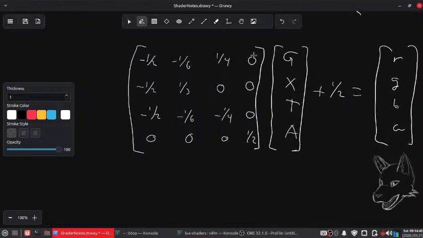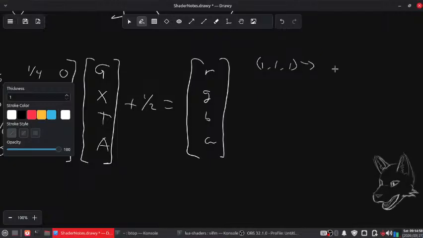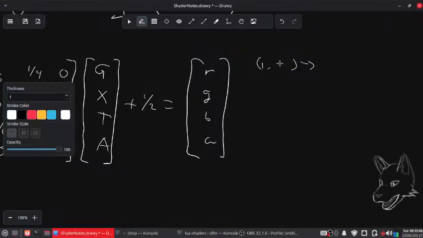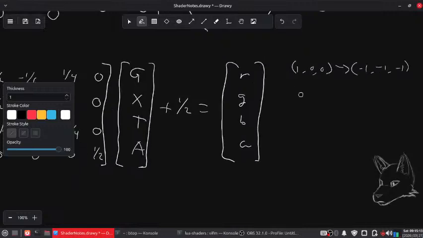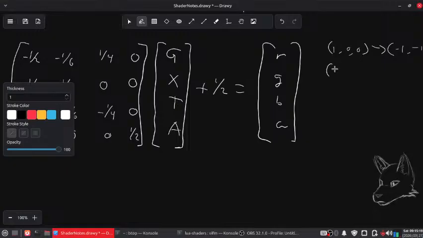Alright. So pure G. 1, 1, 1. Alright, let's start mapping these out. We have 1, 1, 1, which maps to actually 1, 0, 0. 1, 0, 0 maps to minus 1, minus 1, minus 1. Alpha is fine. So 0, 1, 0 maps to what?